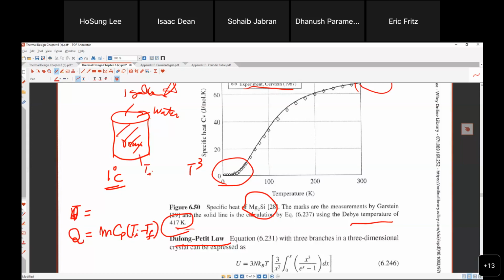Initial, final, whatever temperature, from room temperature to 100, so that M is the volume, Cp, Ti, T final. Do you think you can calculate the joule? Yes or no? Say something.